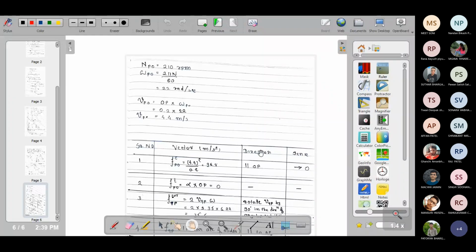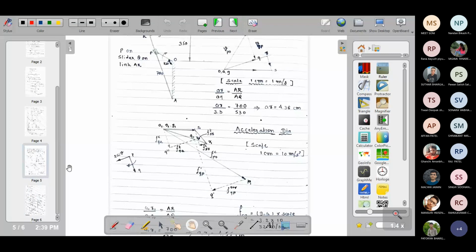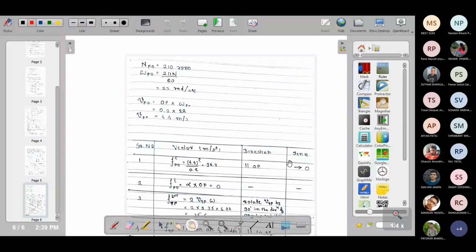Now this component is parallel to the link OP because it is a radial component. Radial component means parallel to the link OP. And what will be the sense? Towards the center of rotation.